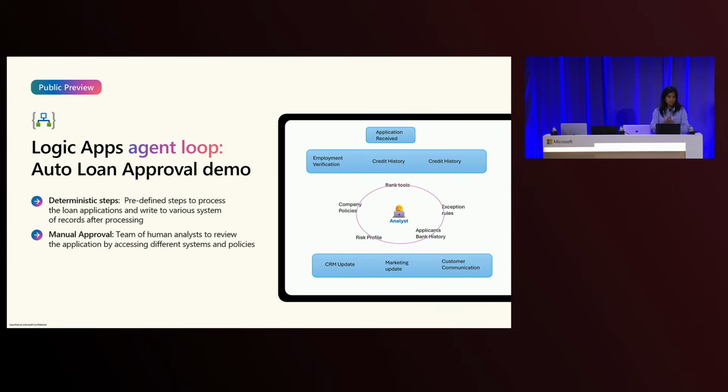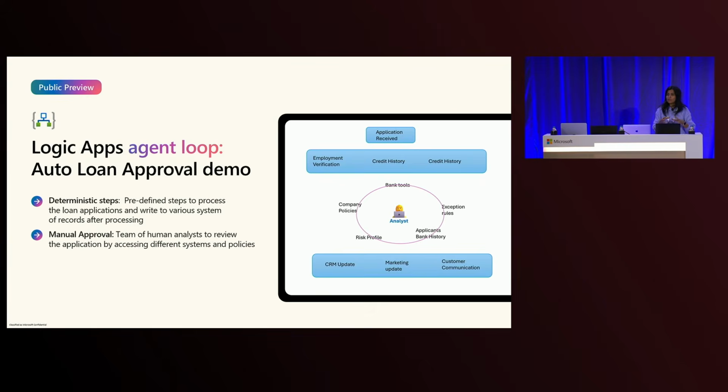So we have a scenario here, an auto loan approval scenario. And here in this slide, you see the current typical process where agents are not involved. When a loan application is received, it goes through a series of pre-processing steps: extracting the data from the application, validating employment of the applicant, validating their credit history, credit score, and a bunch of other things.